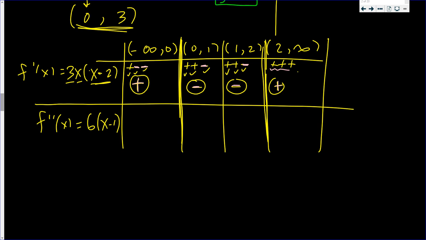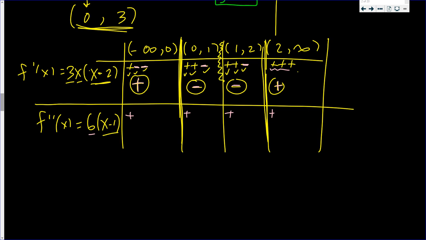Okay, second derivative, 6, always positive. You may say, it's a constant. Why do you include it? Because if it was negative 6, it wouldn't matter. Okay, x minus 1 is positive only if x is bigger than 1.